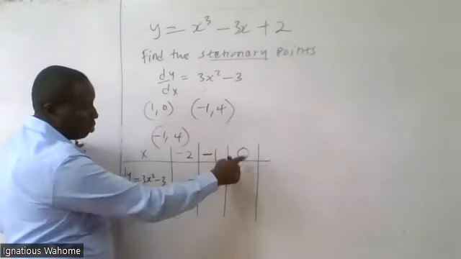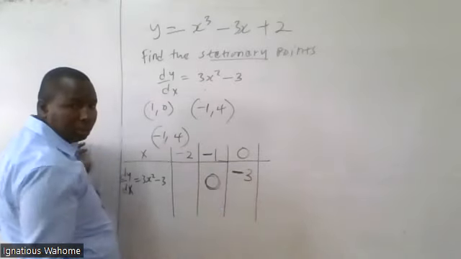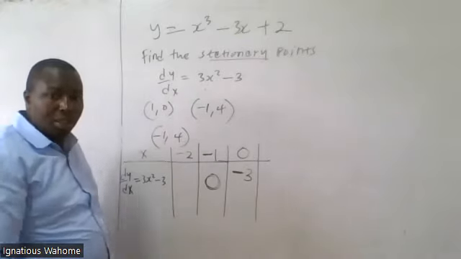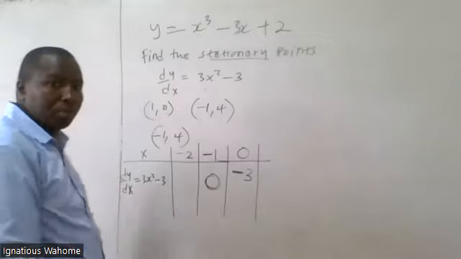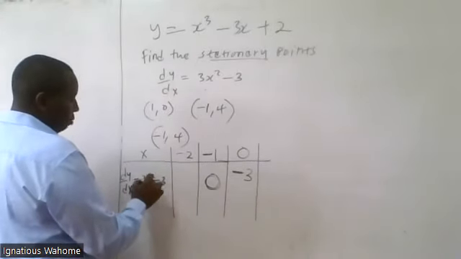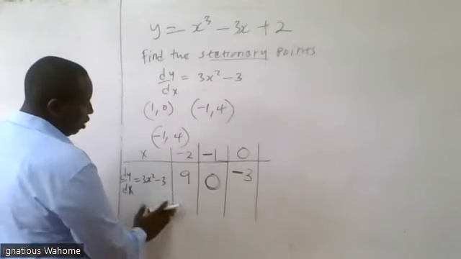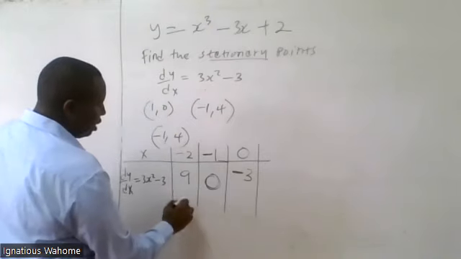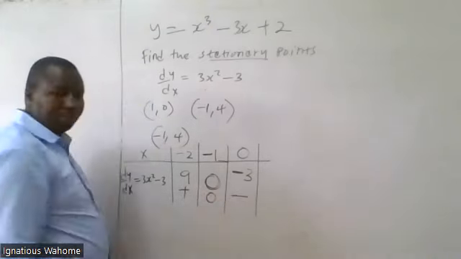Put 0 here, that's negative. Then for -2: -2 squared is 4, times 3 is 12, minus 3 is 9. So this is a positive value, this is 0, and this is a negative value.